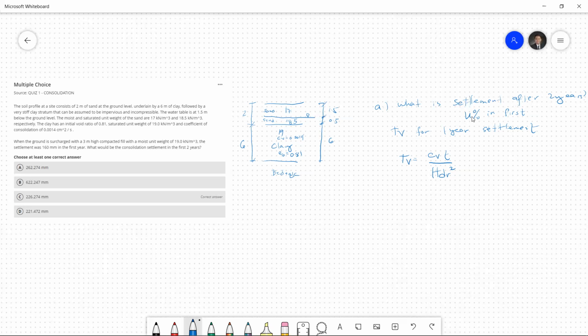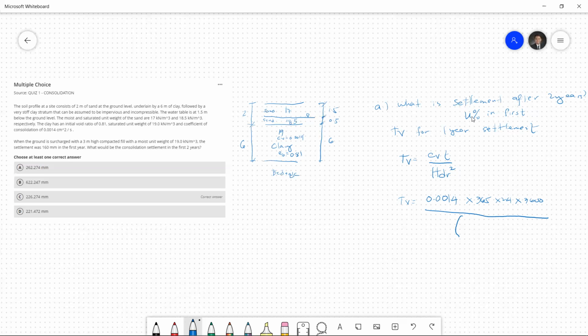Okay, so in order to find the Tv, Tv is equal to 0.0014, since this is in centimeters and seconds. Therefore, your 1 year is 365 times 24 times 3,600, for hours to seconds. Then you have this Hdr.